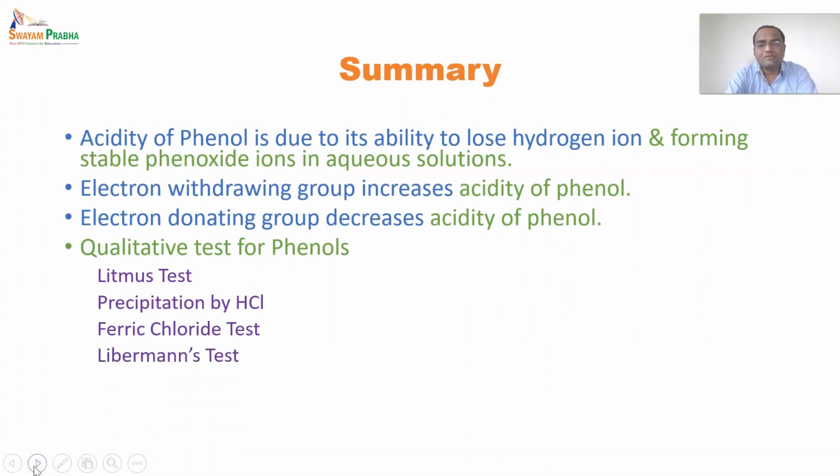After that we have seen Liebermann's test. In Liebermann's test, phenol is treated with sodium nitrite and sulfuric acid, which forms a yellow colored compound, and when it is treated with sulfuric acid and NaOH, it forms at last a salt of indophenol, which is blue in color.